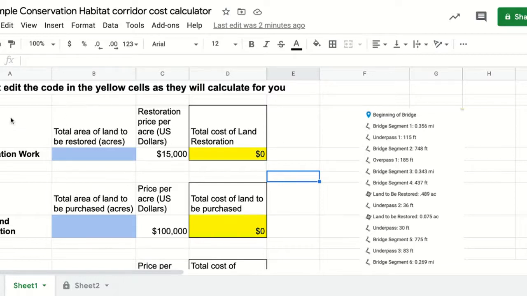As you can see, the most important thing is don't edit the code in the yellow cells, right? All of these yellow cells are programmed to calculate for you. The only ones that you're going to edit are the blue squares. This blue square is restoration. This blue square is new land acquisition.